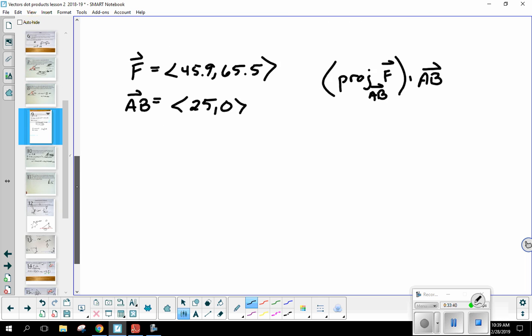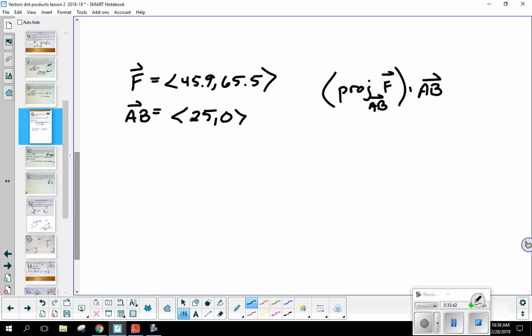The first thing I needed was the dot product, so I take the force vector times the distance vector, over the squared magnitude of what? The force vector or the distance vector? The distance, because remember, the one that was being projected onto is the one that goes in the denominator. So I put AB right here.